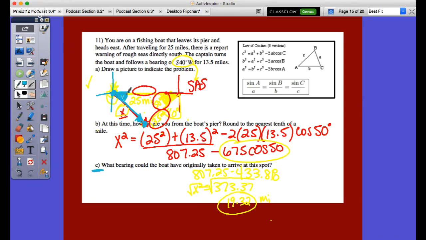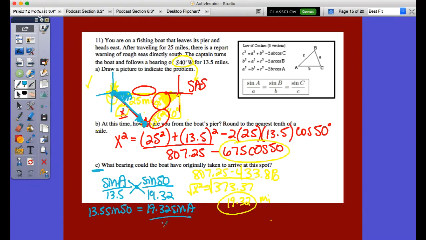So we'll name this big A. We'll say sine of big A over 13.5 is equal to the sine of 50 over x, which in this case was 19.32. So then we could cross multiply to get 13.5 sine of 50 equals 19.32 sine of big A. Divide by 19.32. There we are.